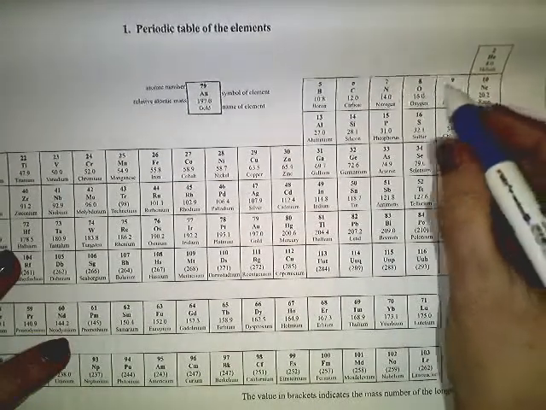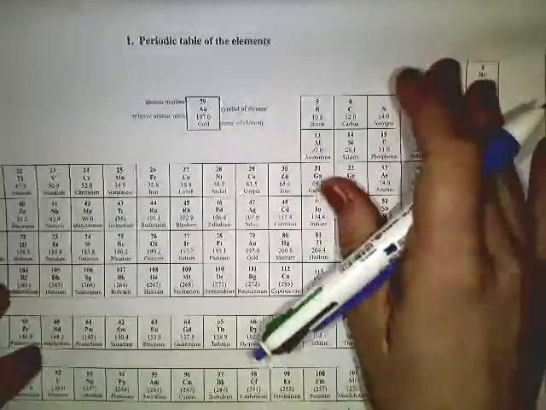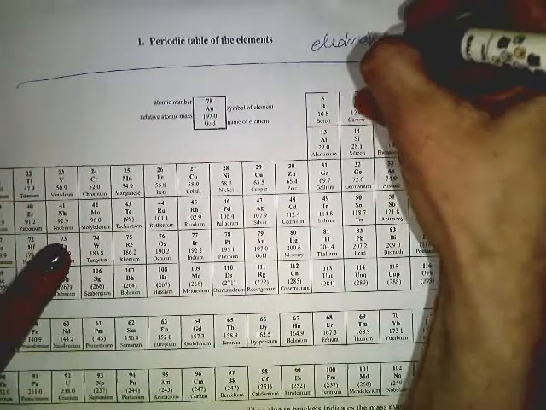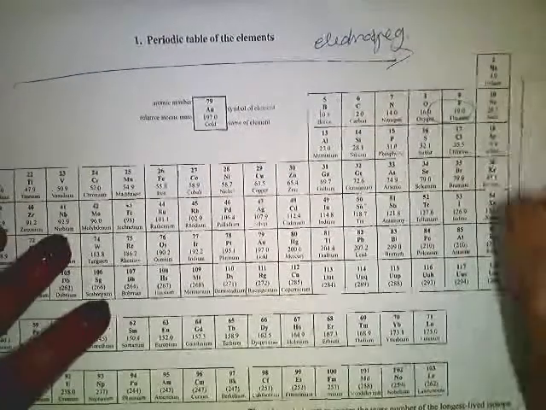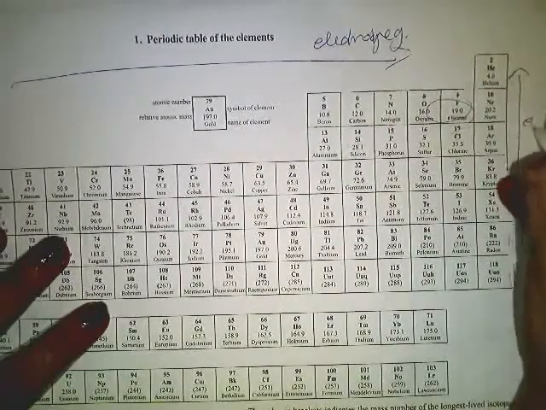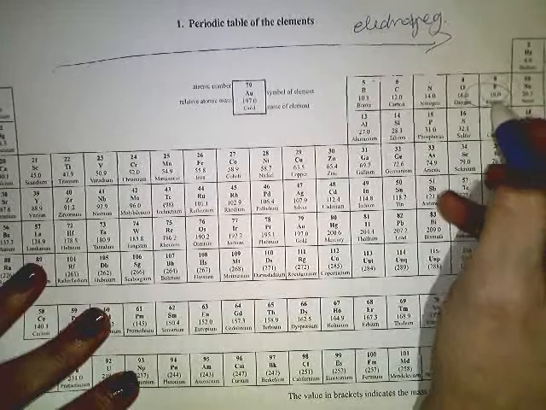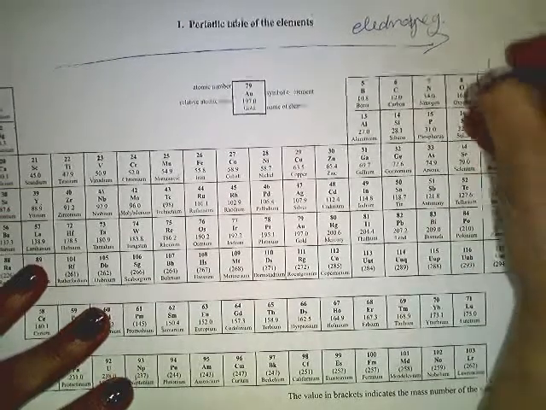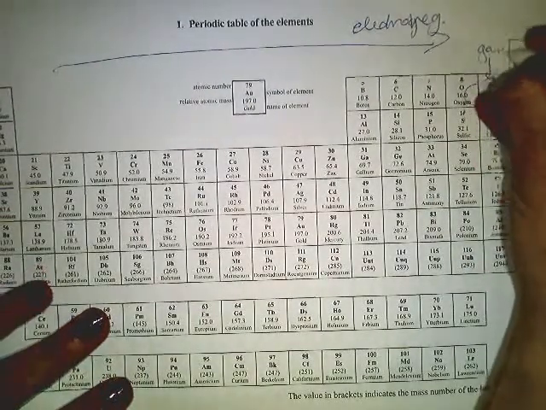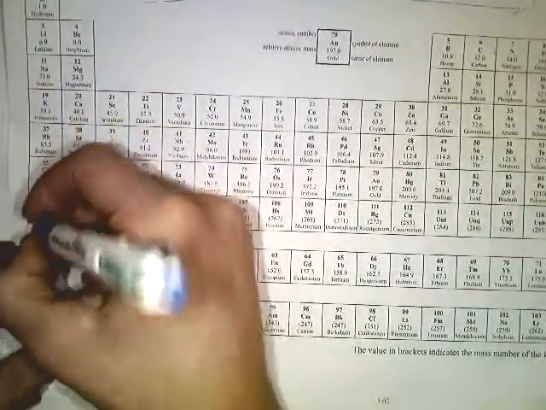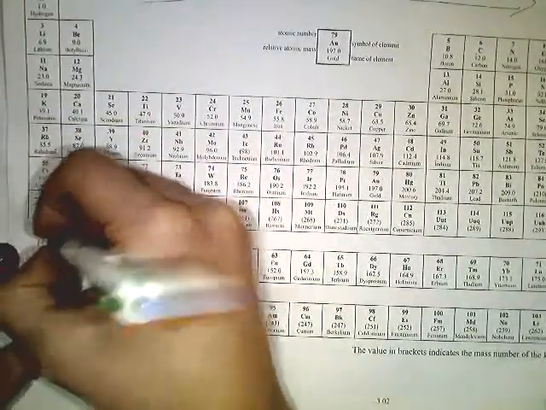If you have a look at the periodic table, there are elements likely to gain electrons with high electronegativity. This is the electronegativity trend that we see from year 11. Things with high electronegativity are likely to gain electrons, whereas those with low electronegativity are likely to lose electrons.